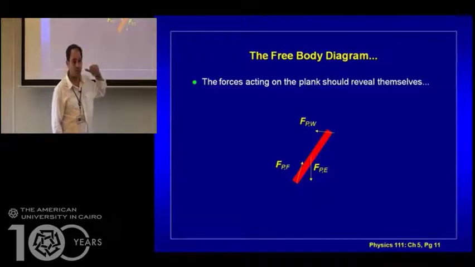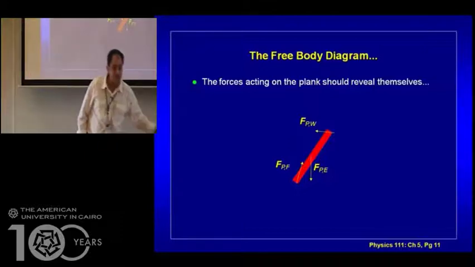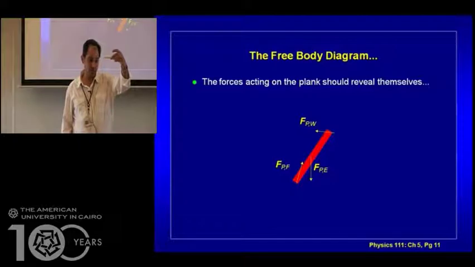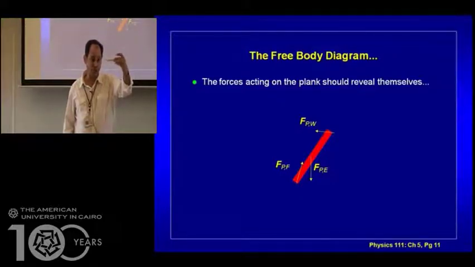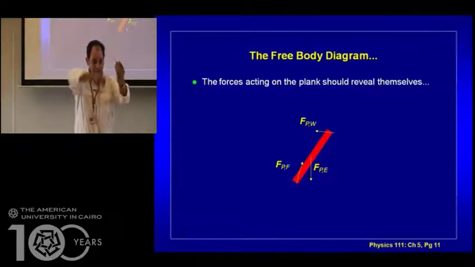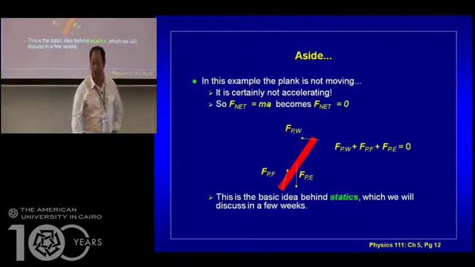So on that object, what will be the gravitational force on that object? It's always pointing down. Even if you tilt it that way, it's always pointing down. So that, we call that the free body diagram.